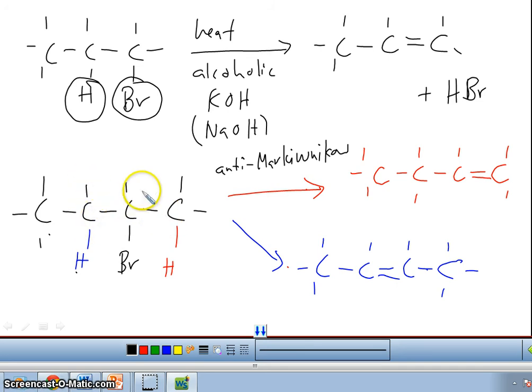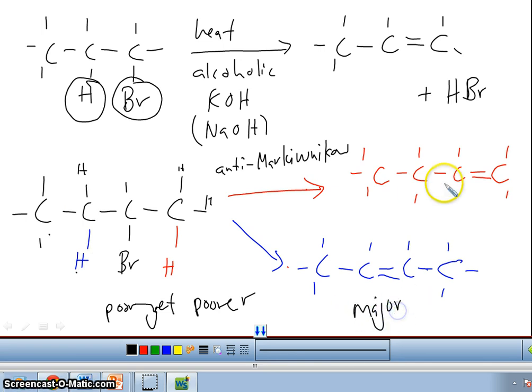So this is the poor get poorer. Sucks to be them. So the carbon with the least number of hydrogens, this one has 3 and this one has 2, loses the hydrogen more often. So this is actually my major product and this is my minor.